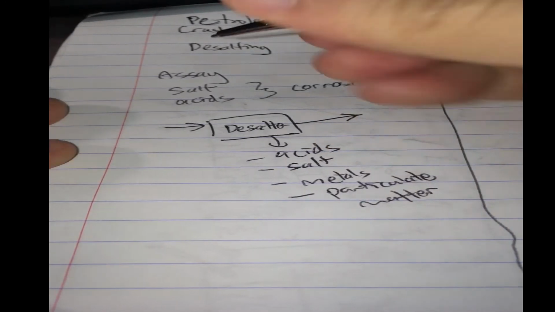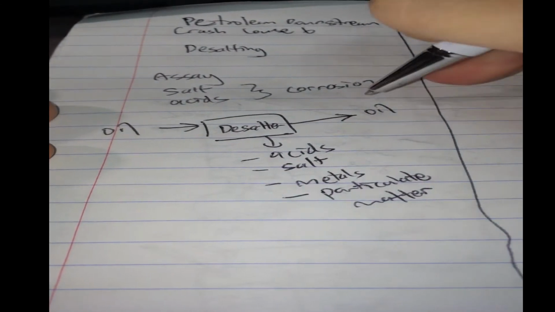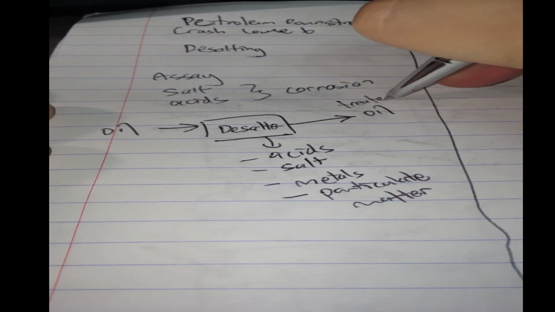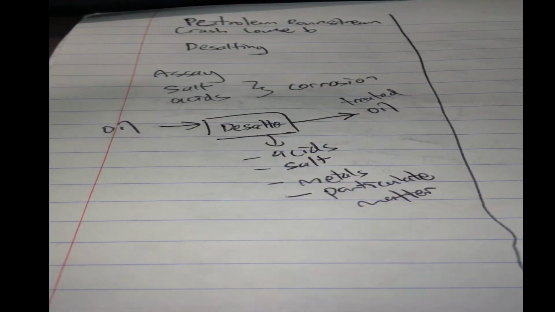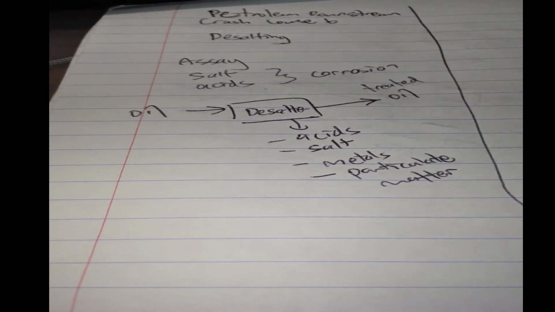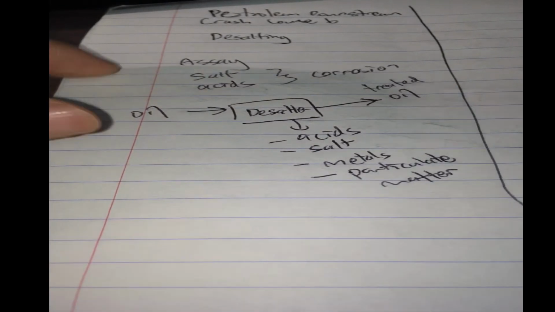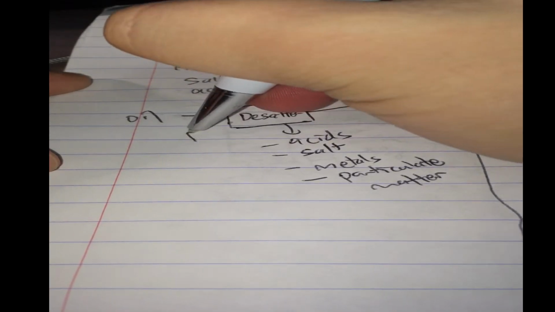These are solids in the oil that can cause clogging and fouling. So desalting basically does these functions. And how do we do it? Well, the simplest explanation is that we wash the oil with water.